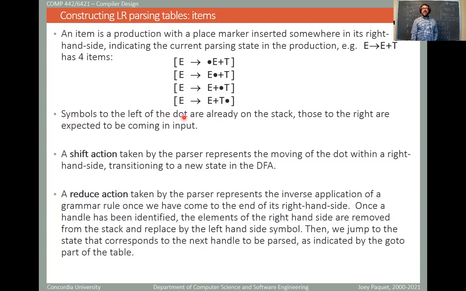So the symbols on the left of the dot are already on the stack. If you are in this state here, that means the E and the plus are already on top of the stack.